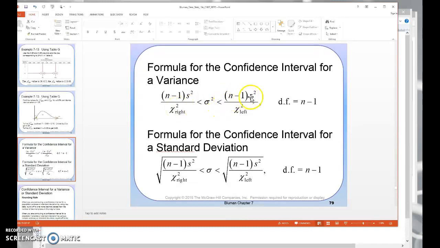Then do the same thing, only this time you divide by the left. It seems counterintuitive that you would have the right one on this side of the formula and the left on the opposite, but just keep that in mind. The formula for the confidence interval for standard deviation would then be the square root of those answers.